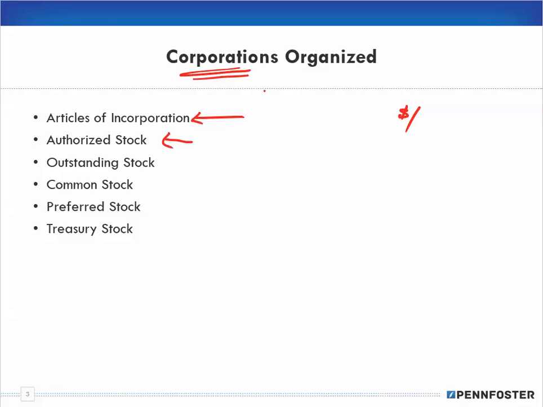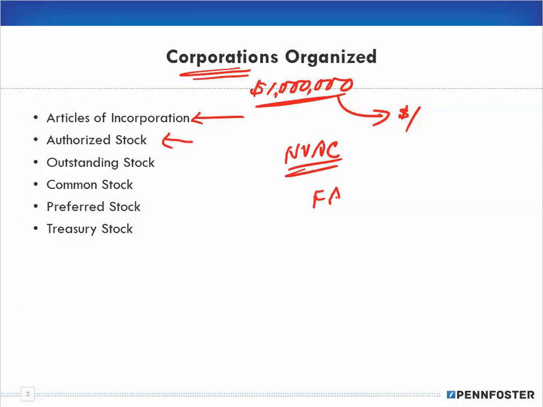You do some HVAC repair and you decide to set up as a corporation. And maybe you might have 5 or 6 employees, service people working for you. You can authorize 1 million shares, realizing that 1 million shares at $1, okay, you're never going to use that 1 million shares. I mean, you're basically treating the HVAC business as a family-owned business, right?